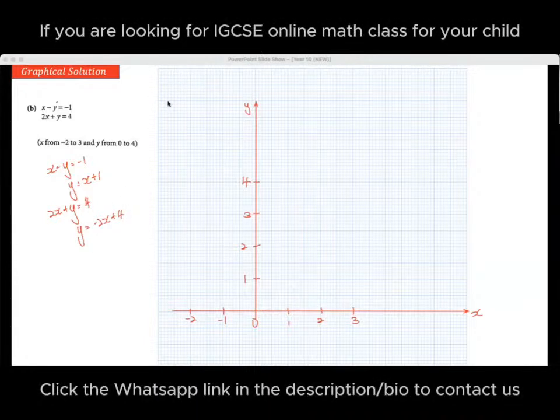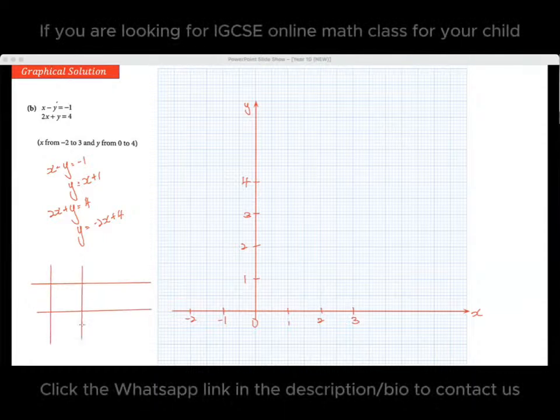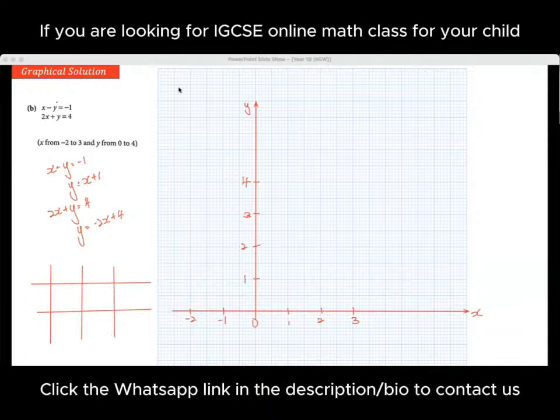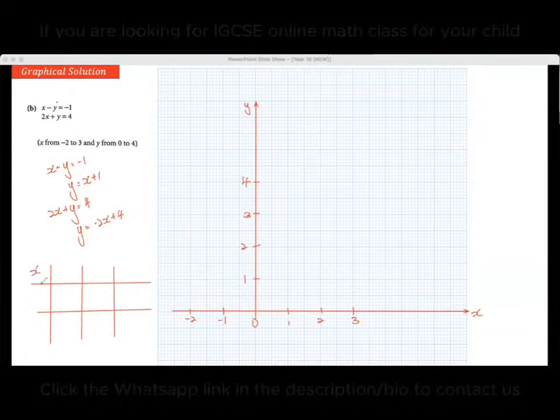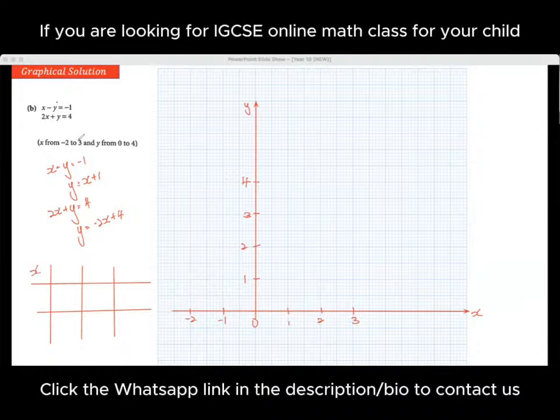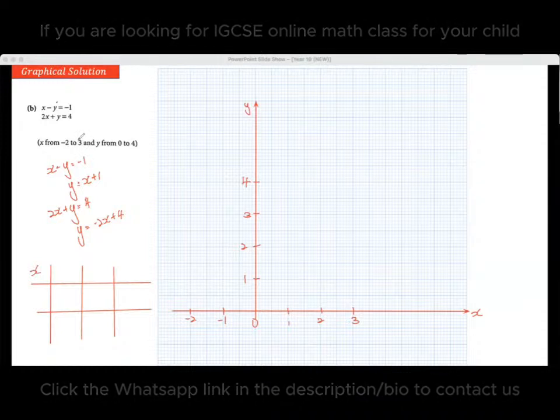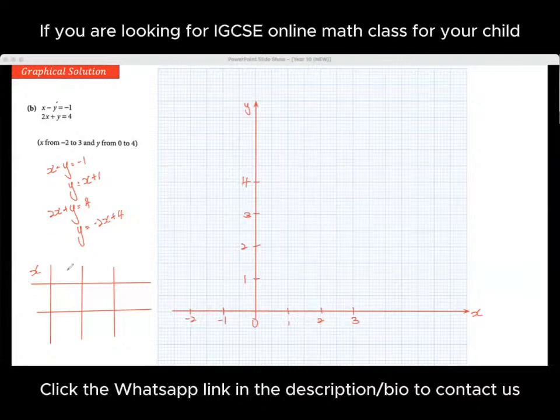Okay, so I'll draw a table again. X. Since it started from -2, I will say -1. Let's make it this way. I'll say -2, 0, and 2. Any 3 points.